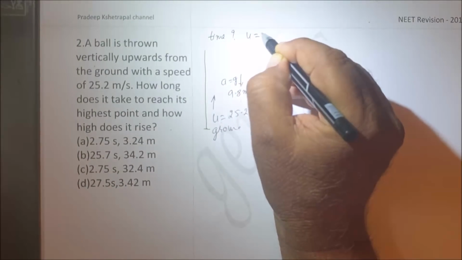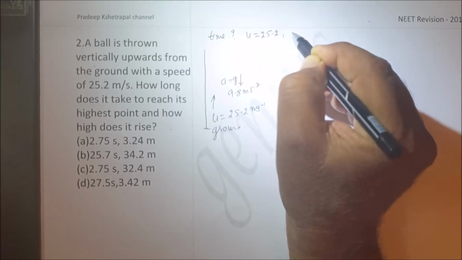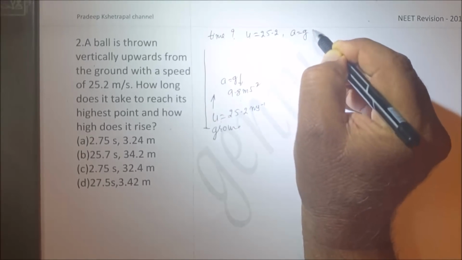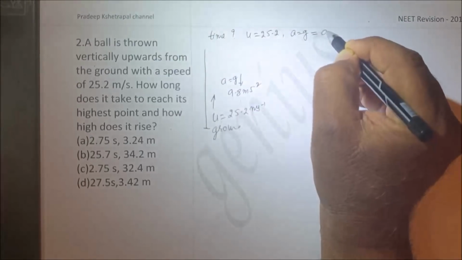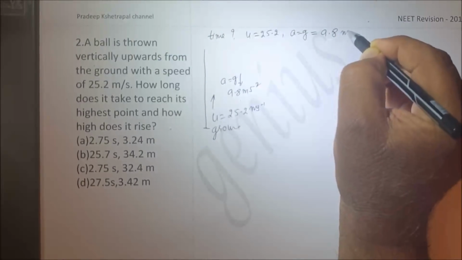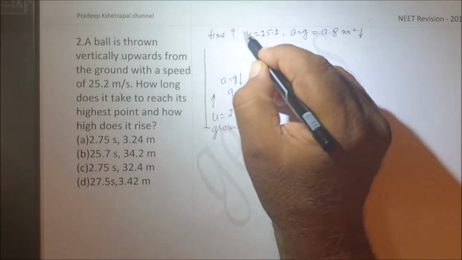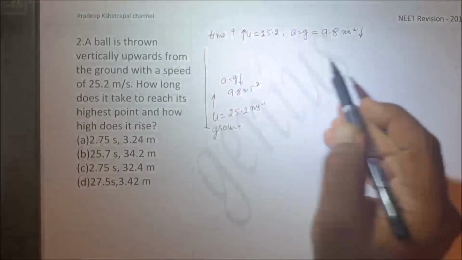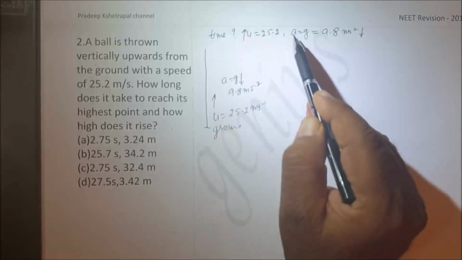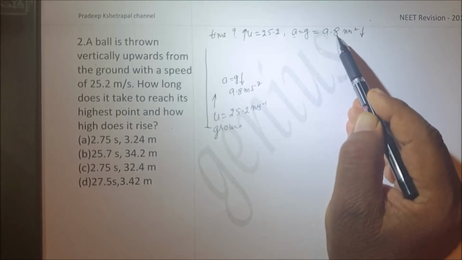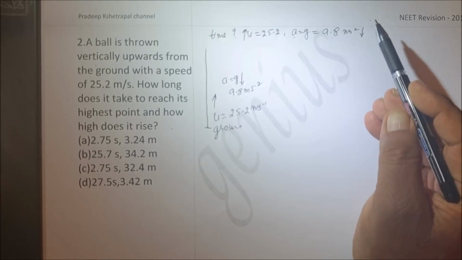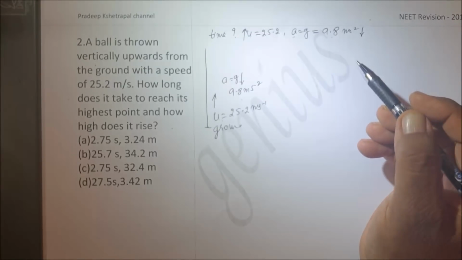A is known to us, u is known to us, we have to find time. u is equal to 25.2, acceleration is equal to g, that is 9.8 meter per second square, and it acts downward. u is acting upward. So we have three quantities in reference, but three quantities do not make an equation.